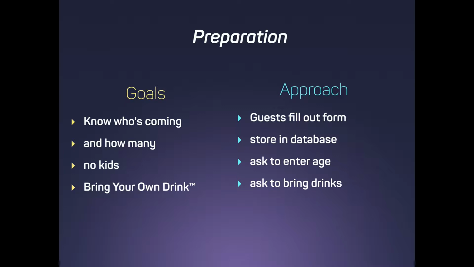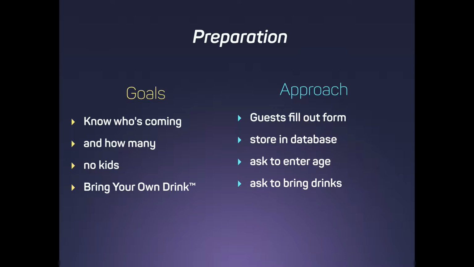So the way our app would help us solve these goals is by asking a guest to fill out a form before they arrive for the party, and then storing this information in a database, additionally asking them to enter their age and how much drink they will be bringing.